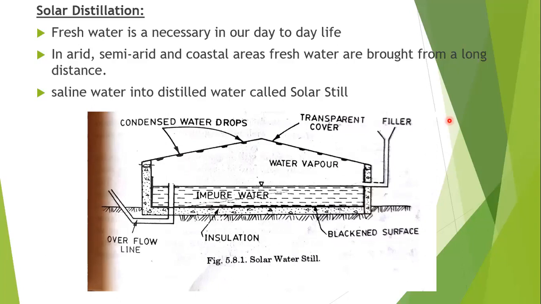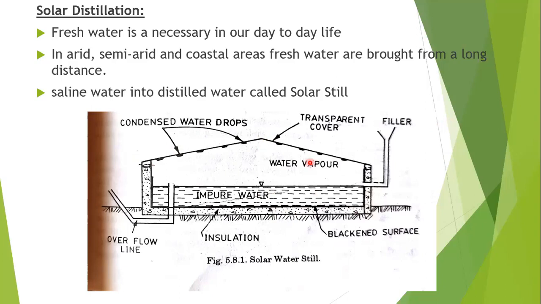Actually, it consists of a black surface basin containing saline water at a shallow depth. These saline waters are unfit for drinking purposes. Over it there is a transparent airtight cover, which completely encloses the space above the basin.